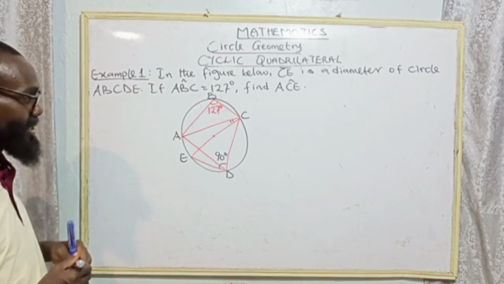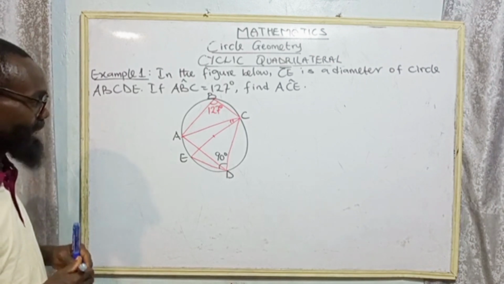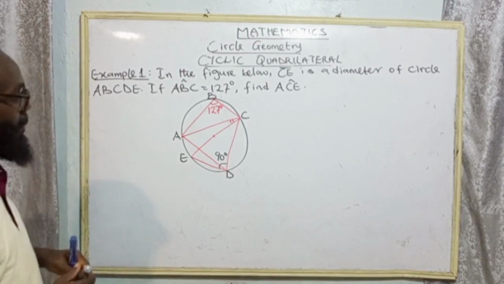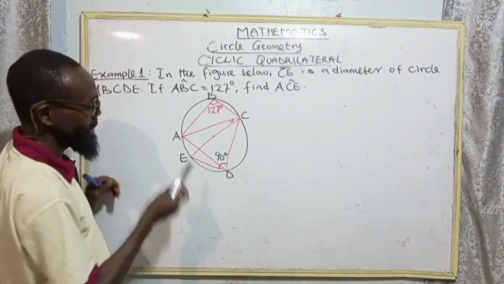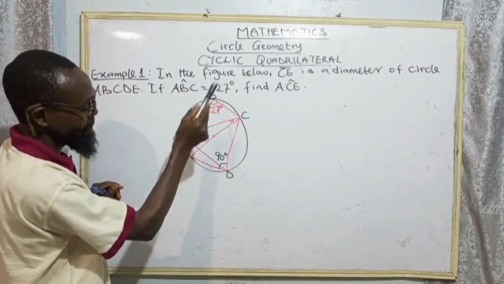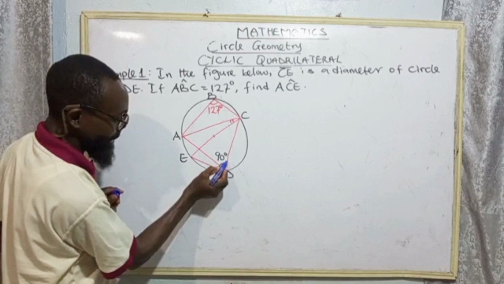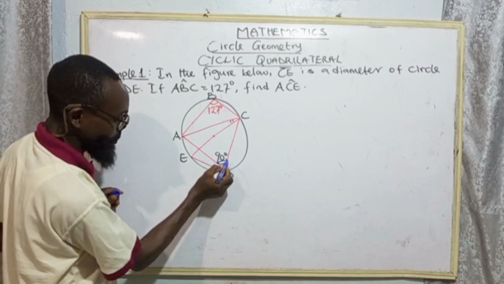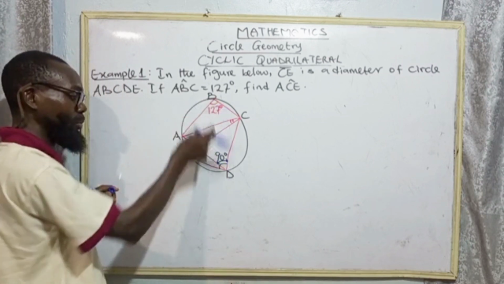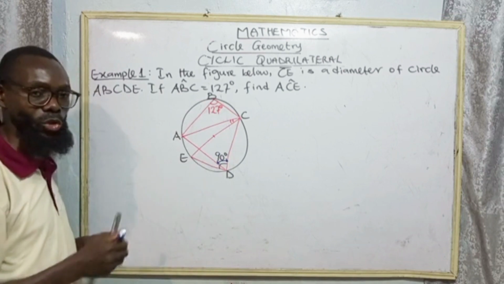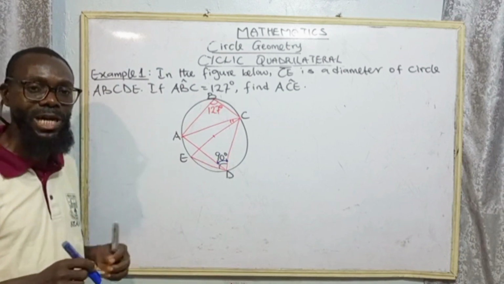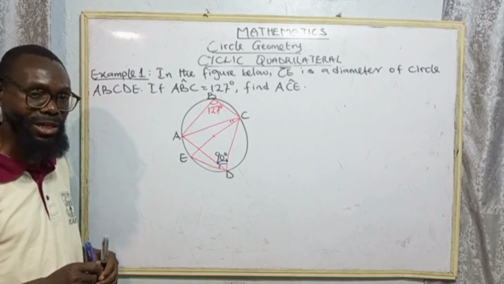But when you look at this angle B and this particular angle here, where I have the arrow, when you sum them up, the angle is going to equal 180 degrees, opposite angles of a cyclic quadrilateral.